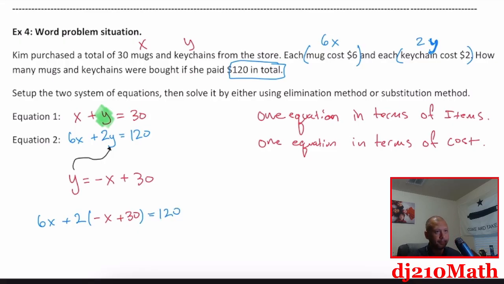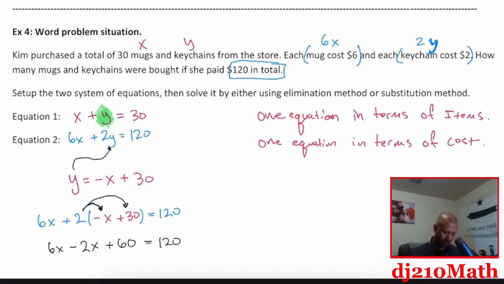And we distribute because all the y's are gone. We have nothing but x's. So this is going to be 6x minus 2x, because 2 times negative x is negative 2x. 2 times 30, 60, equals 120.